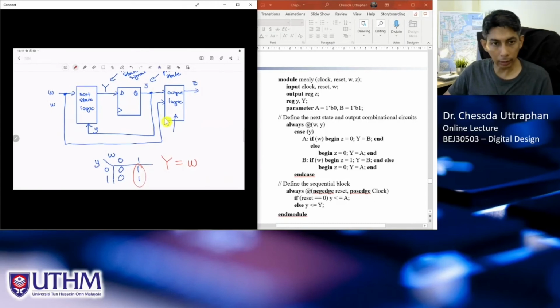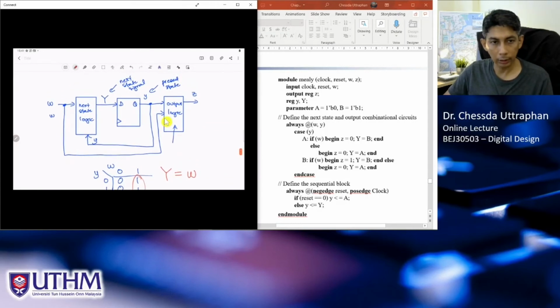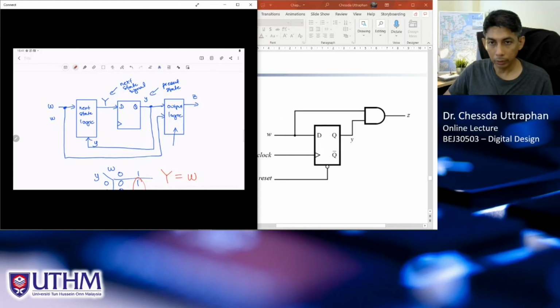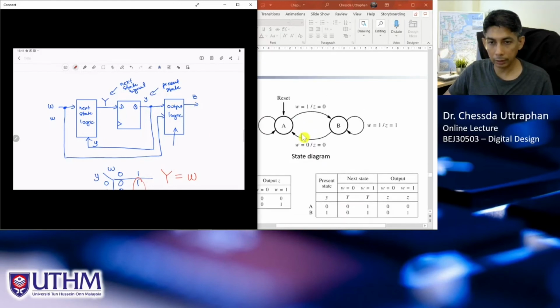All right, this is important, because in order to derive this, we need the structure of our state machine. So this is the structure of the state machine without knowing what is inside this box and this box. We just refer to this.